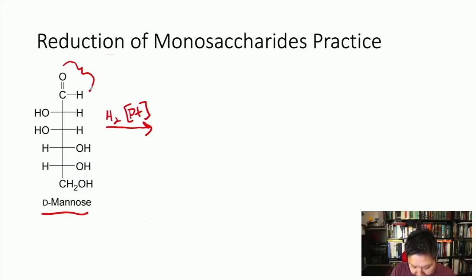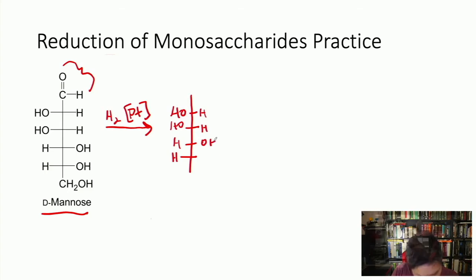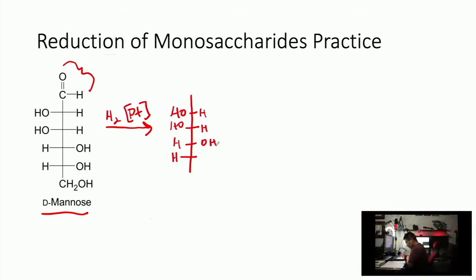So let's draw out the open chain. H, H, OH, OH, H, H, OH, OH, right? And then down here it stays the same because there's nothing to reduce down here.